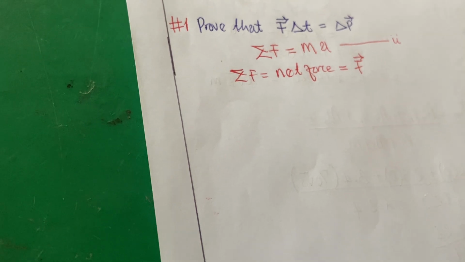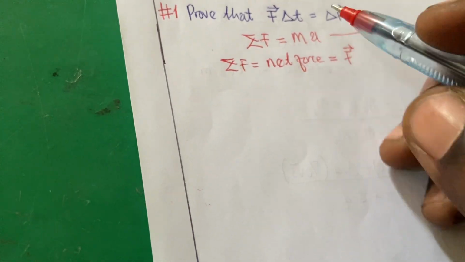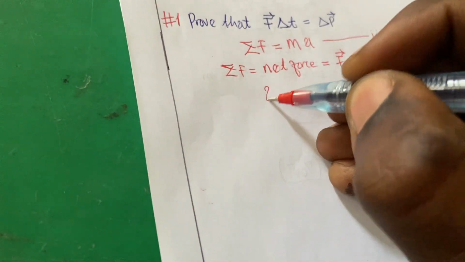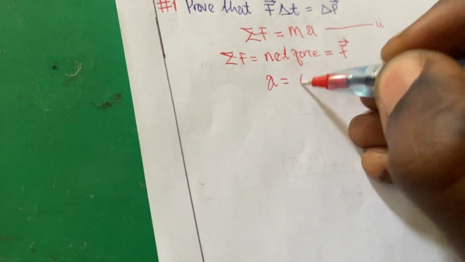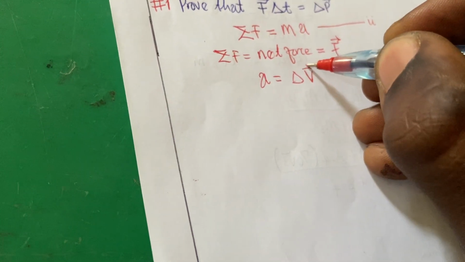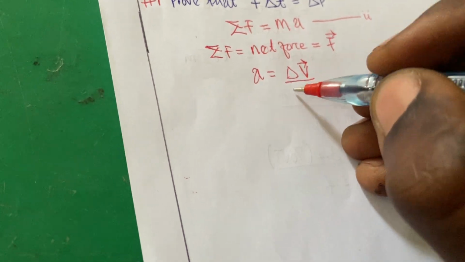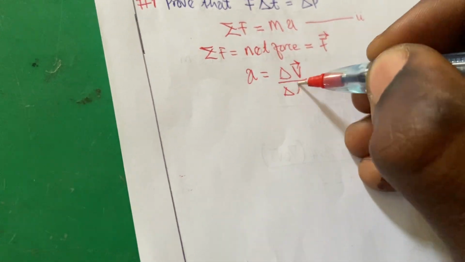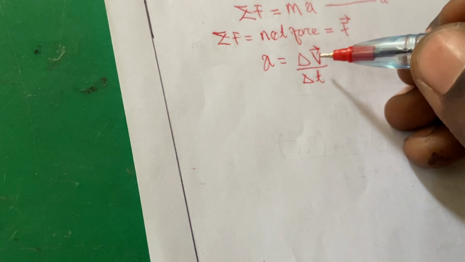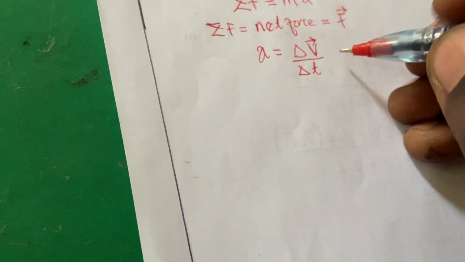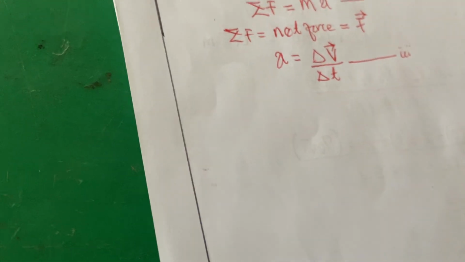So quickly, I'm going to write the expression for acceleration here. We all know that acceleration is the rate of change in velocity, that is, change in velocity over change in time. I'll title this one as equation 3.